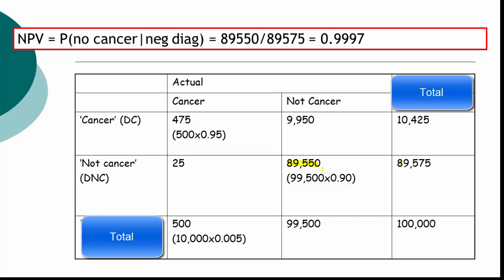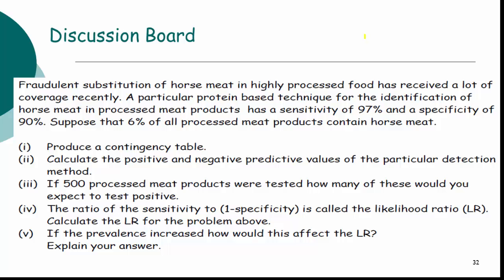And the number of those who don't have cancer is 89,550. And that gives you this. And again, that's extremely close to 1. But again, at the beginning, we only have 5 in 1,000 who actually have the condition. So by filling out the table using the sensitivity, the specificity and the prevalence, we've managed to calculate both the positive predictive value and the negative predictive value.